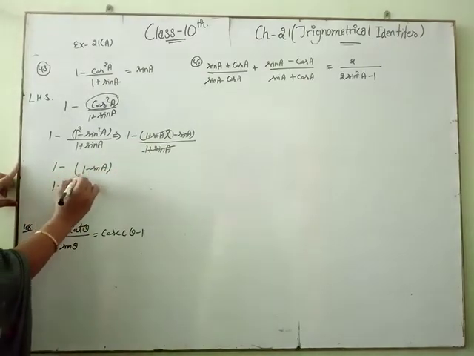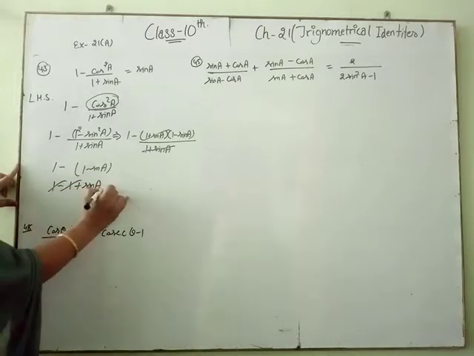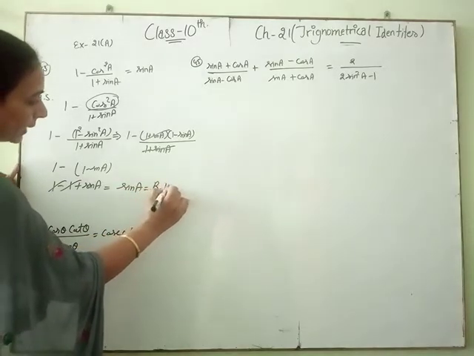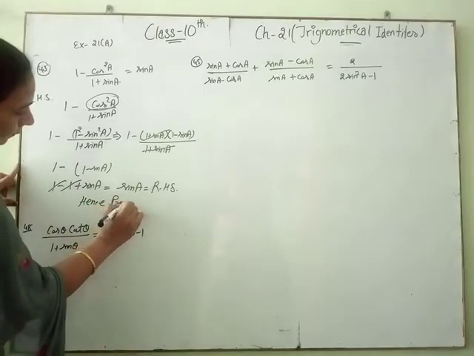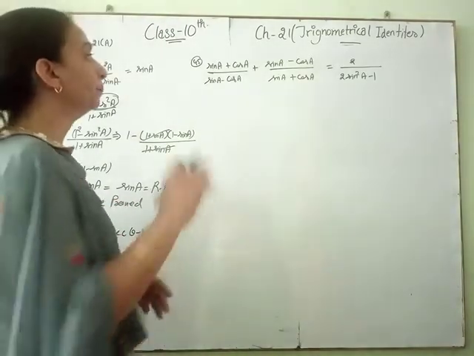Then 1 minus bracket solve, 1 minus 1 plus sin A, 1 and 1 cancel. This equals sin A, which equals the right hand side. Hence proved. Okay. Next is question number 45.